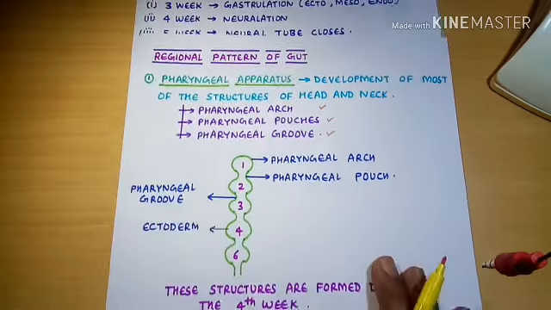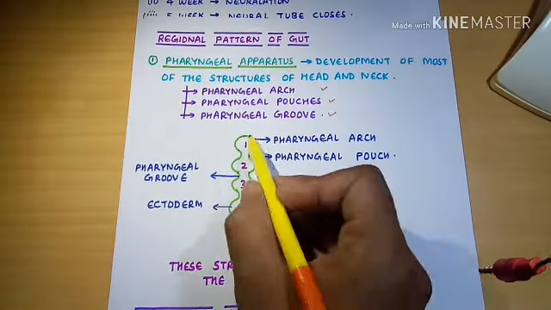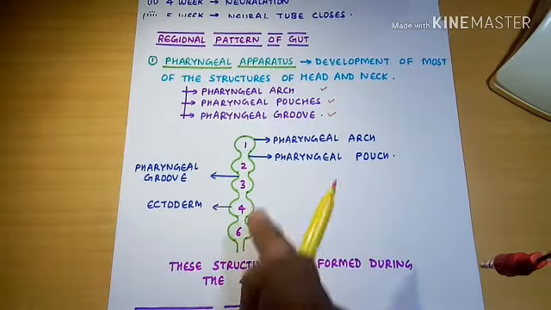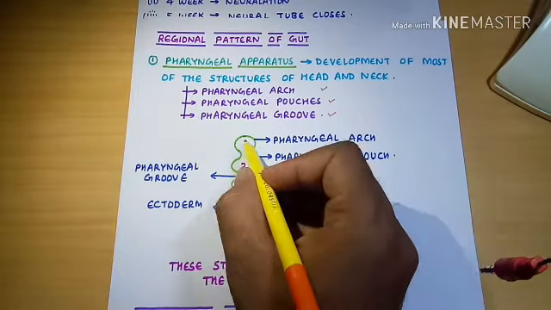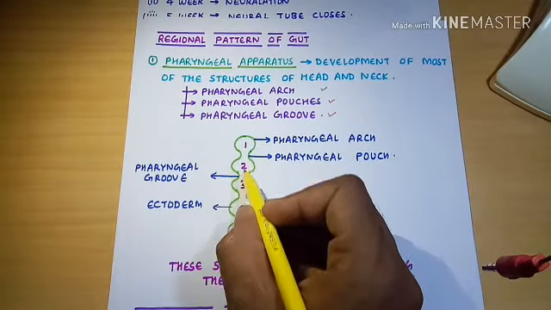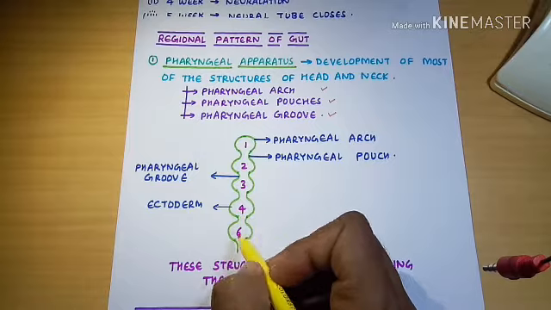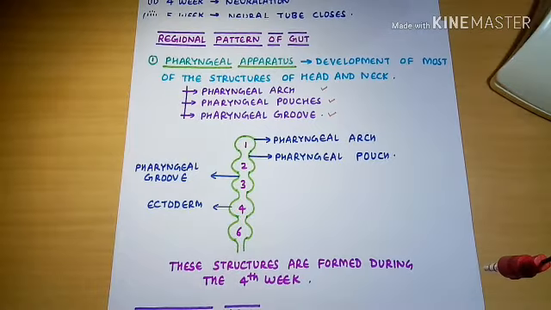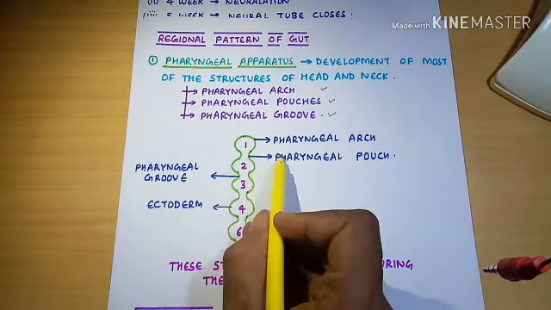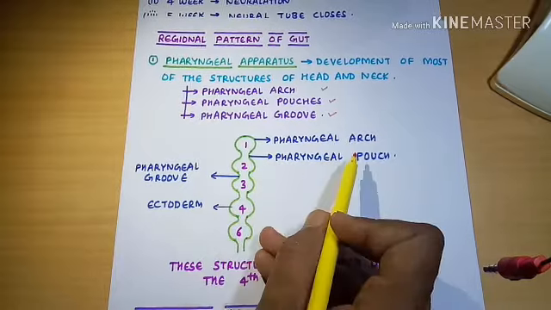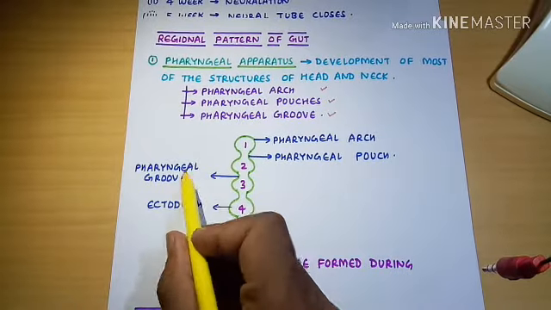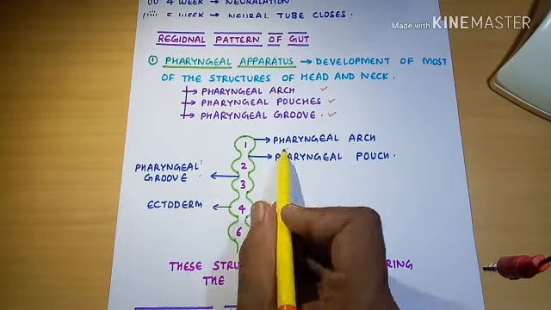This is a rough diagram of the pharyngeal apparatus. These are the pharyngeal arches, and towards this side the pharyngeal pouch is formed, and towards this side the pharyngeal grooves are formed.